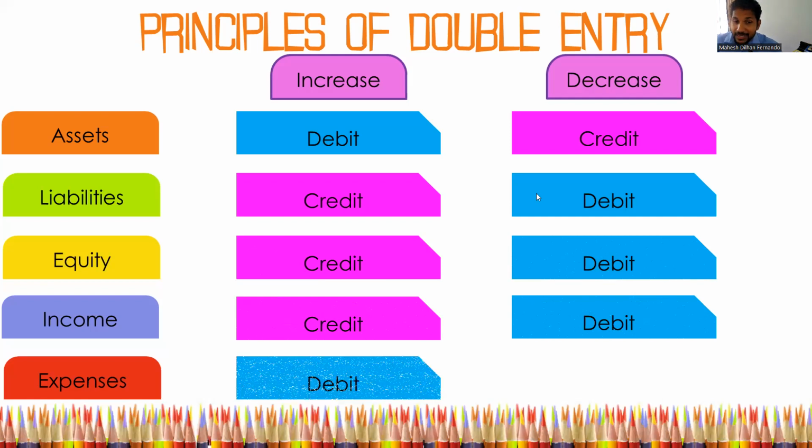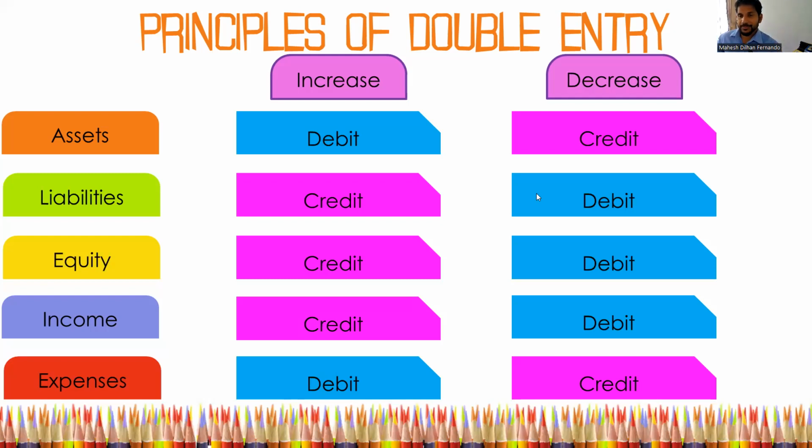Expenses, increase debit, decrease credit. This is what the Italian monk Luca Pacioli introduced. His introduction has helped in numerous ways to present society.